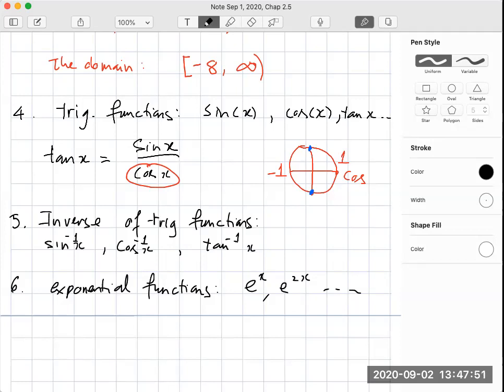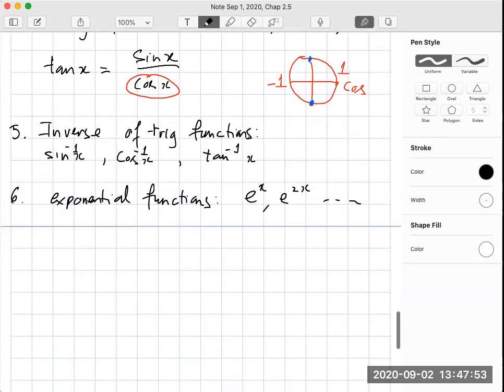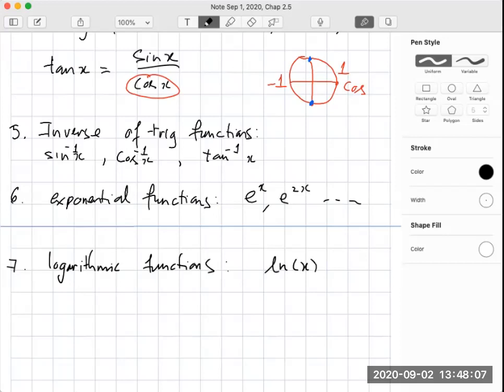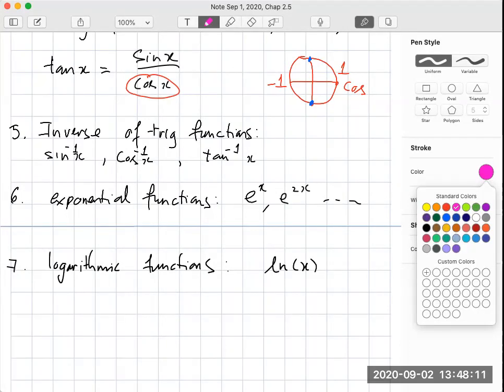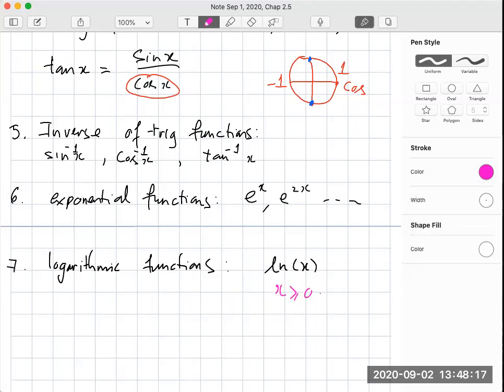Or the log function, which is natural log of x. In this case, the domain of this natural log, x should be positive, right?